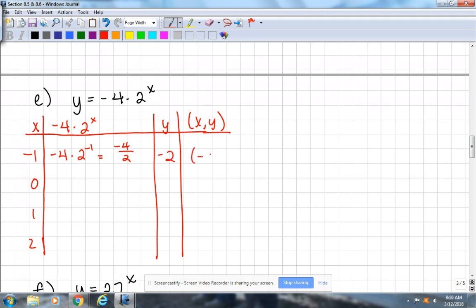Does everybody understand what we're doing with those negative exponents? Anything with a negative exponent goes to a denominator if it's a whole number. So then I have negative 4 times 2 to the 0 power. Exponent first, so what is 2 to the 0 power? 1. So what is negative 4 times 1? Negative 4.